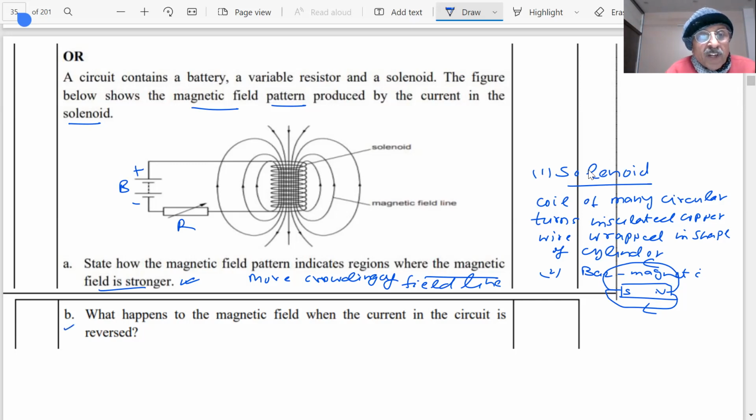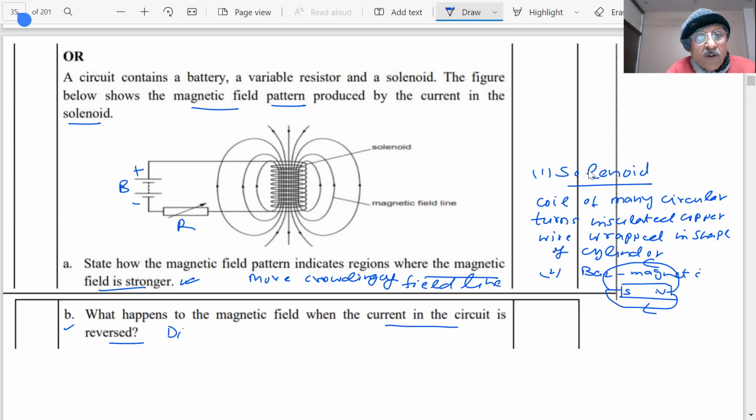Question B is asking, what happens to the magnetic field when the current in the circuit is reversed, student? The direction of the current will decide which is the south and north pole. If I reverse the current, then the direction of the magnetic field will also get reversed.